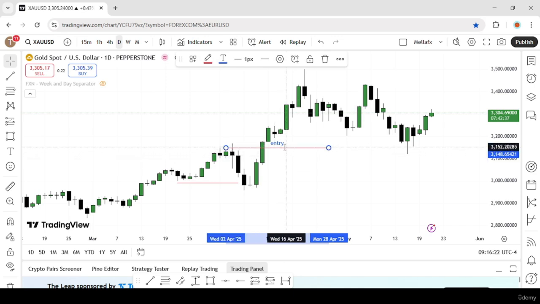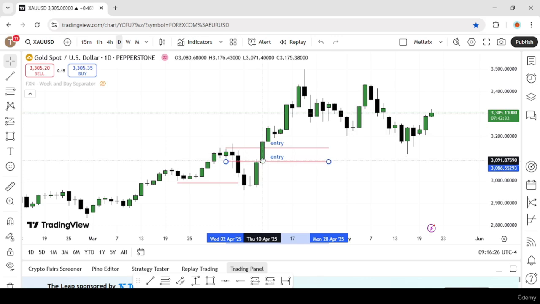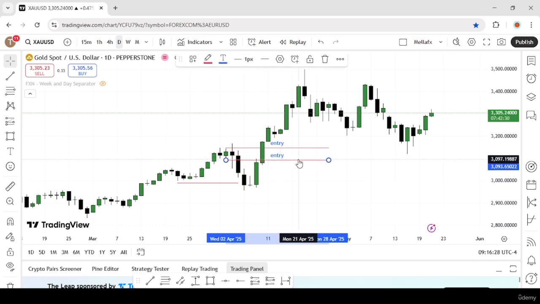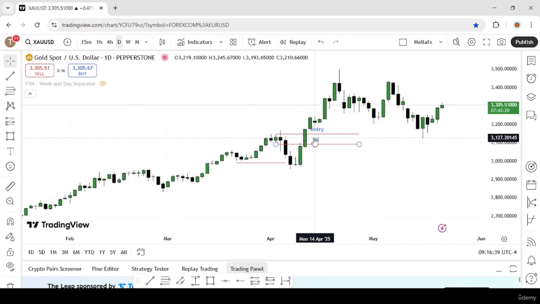So this should be your entry, and the stop loss should be at the low of this candle, but I like adding a few pips for spread purposes. So this should be your stop loss, and then of course you're targeting the opposing target.